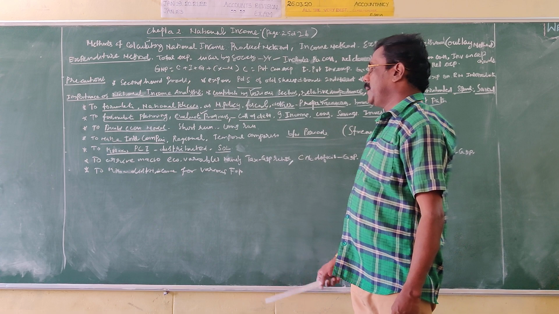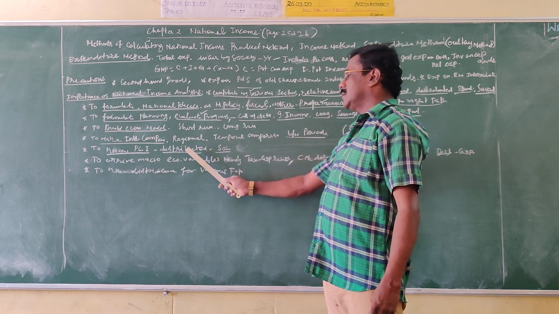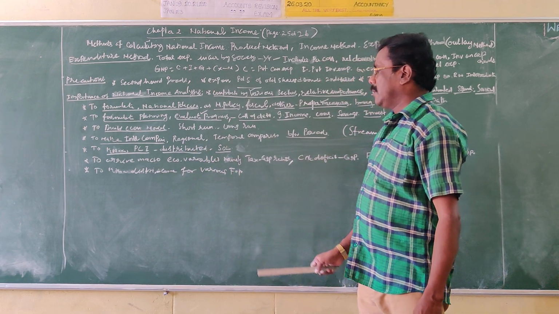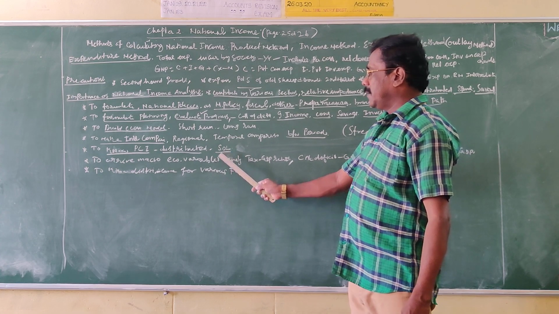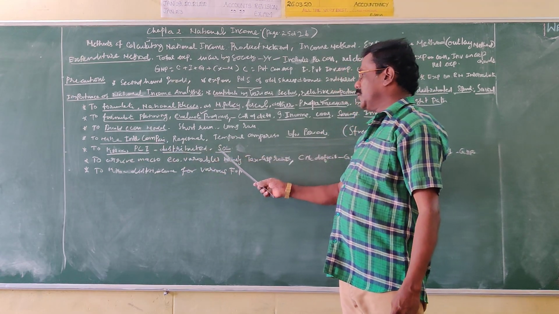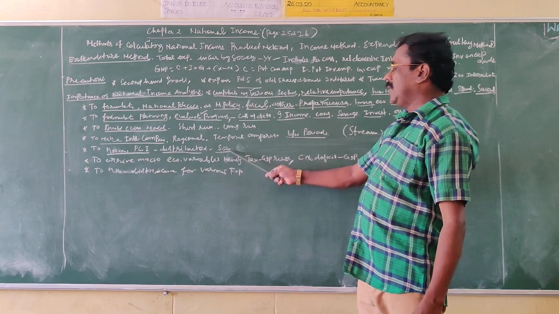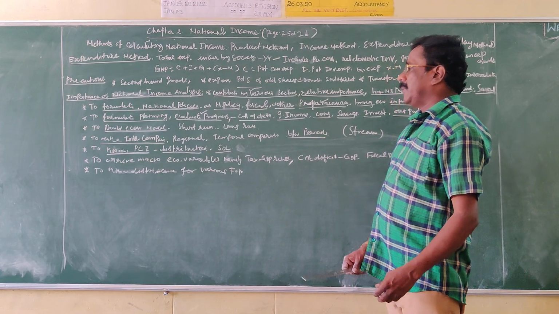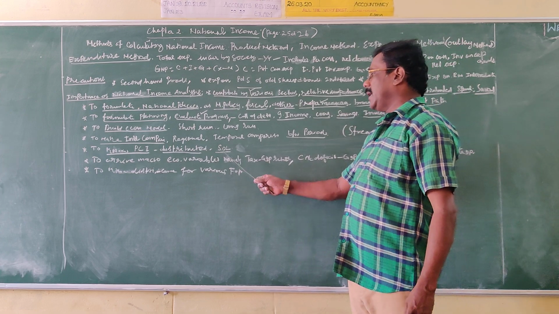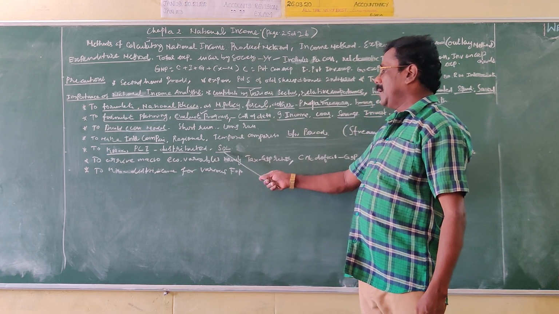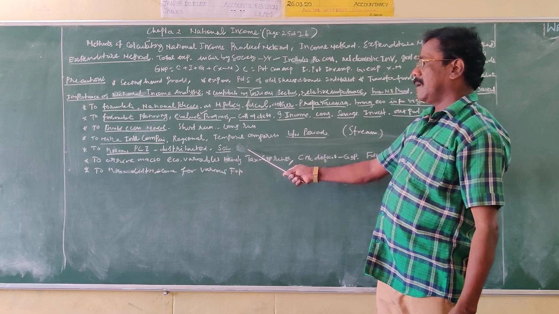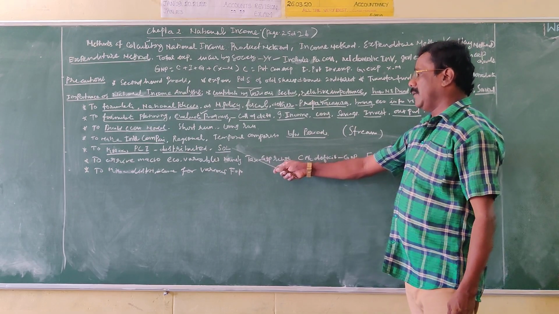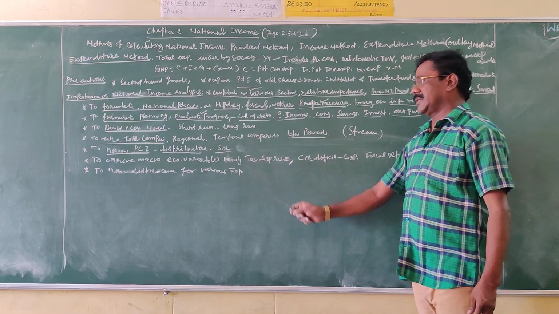How much it should be distributed among the society. With the help of the per capita income, we know about the standard of living of the people. If the per capita income is more, it means the people are enjoying more benefit and the standard of living of the people is increased.